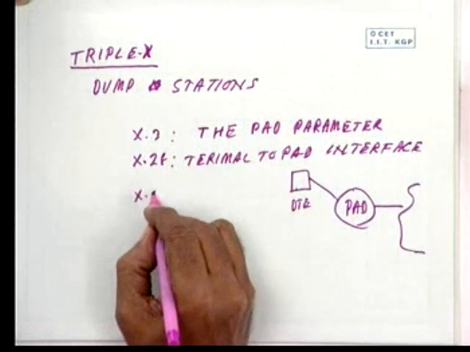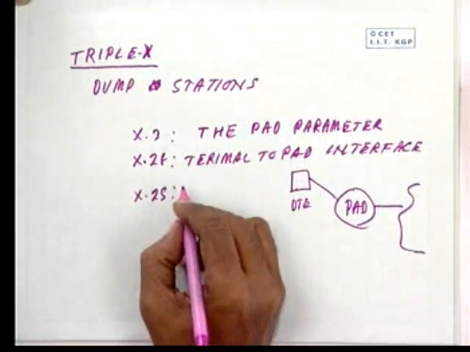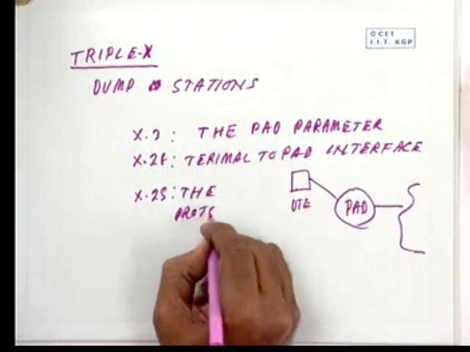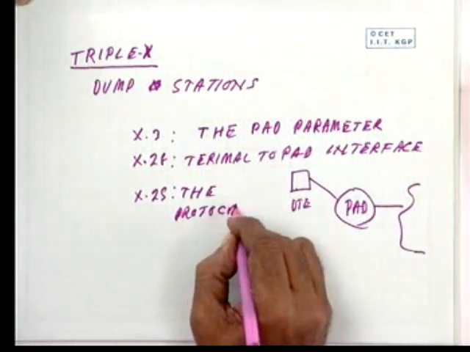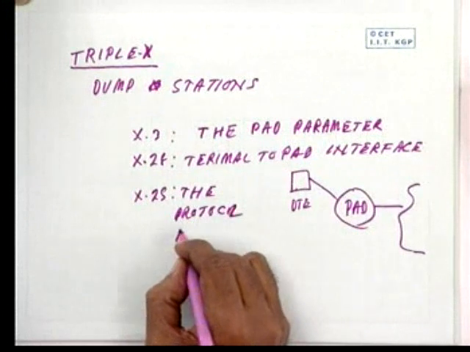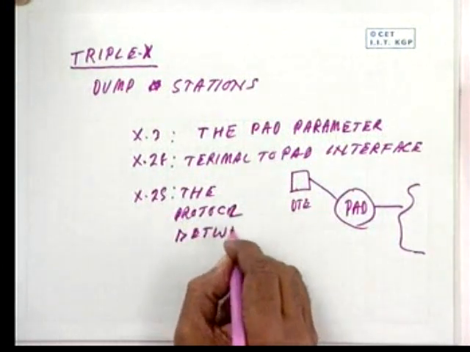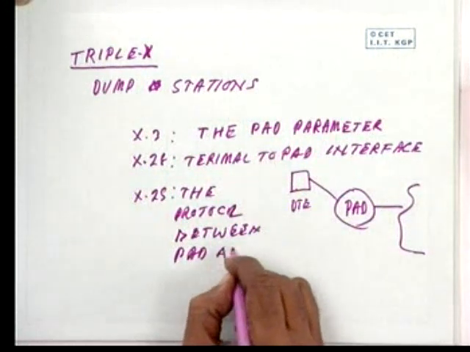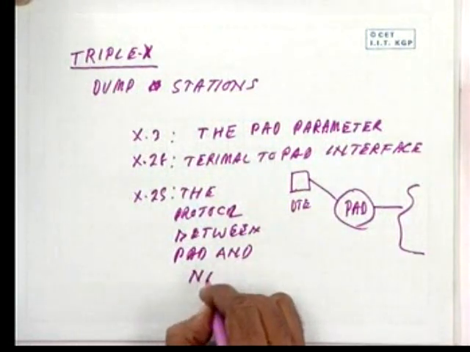And finally, X.29, which is the protocol between PAD and the network.